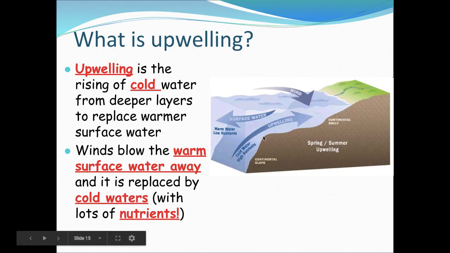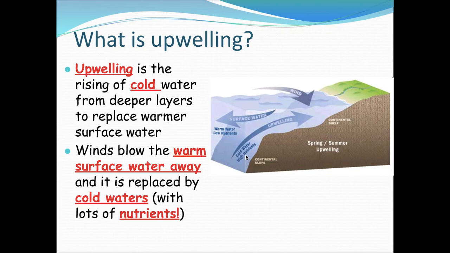This is a positive thing. You want upwelling to happen because cold water has a lot of nutrients in it. It has a lot of oxygen in it. It has a lot of stuff in it that organisms need to survive. That little plankton. Planktons are like the plants in the ocean. They're the base of the food chain. They need upwelling to happen.